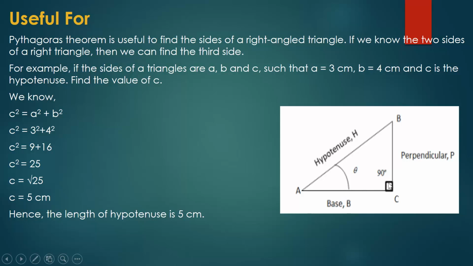The side opposite to the 90-degree angle is called the hypotenuse, the side opposite to this angle is called the perpendicular, and the remaining third side is called the base. So this is the labeled diagram which shows the three sides of the right angle triangle and their names.